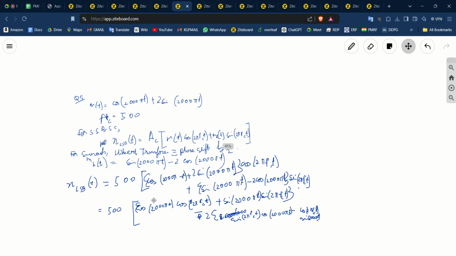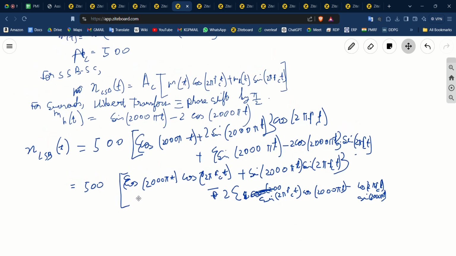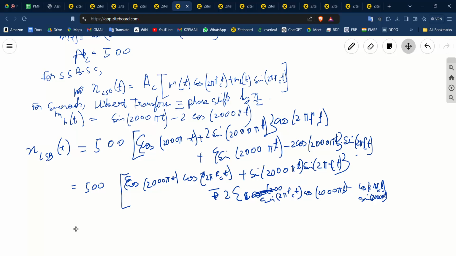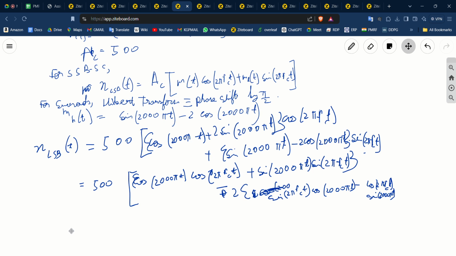Now the first pair of terms, cos 2000 pi t cos 2 pi f_c t plus sin 2000 pi t sin 2 pi f_c t, evaluates to cos A minus B. So 500 cos of (2 pi f_c t minus 2000 pi t).